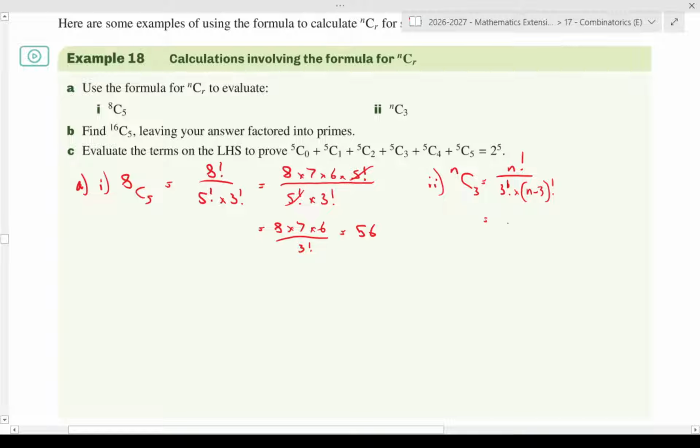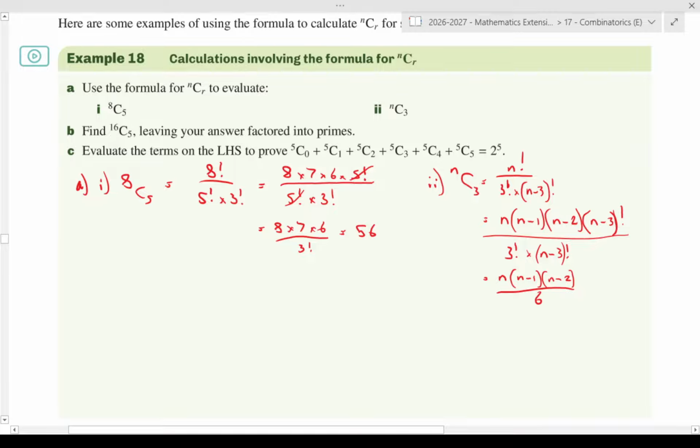So we've got n times n minus 1 times n minus 2, and that one should have the factorial, over 3 factorial times n minus 3 factorial. And obviously the n minus 3 factorials cancel out. And so you are left with n times n minus 1 times n minus 2 over 6, which is what 3 factorial is.